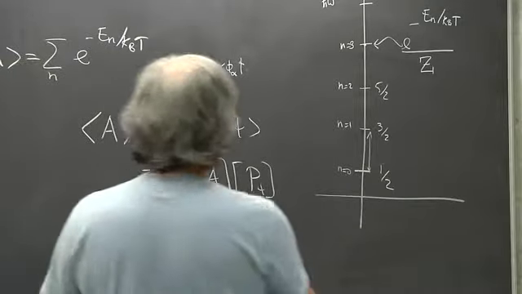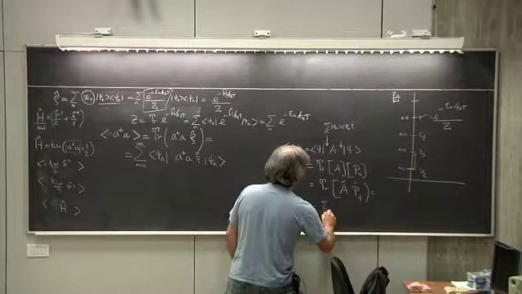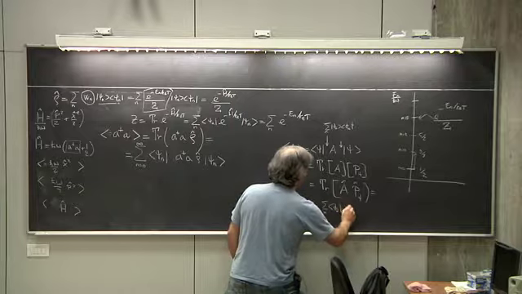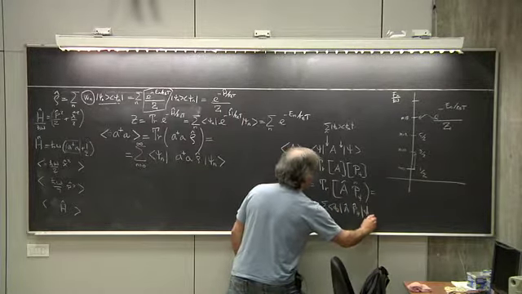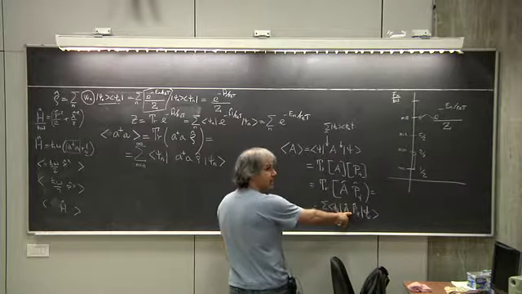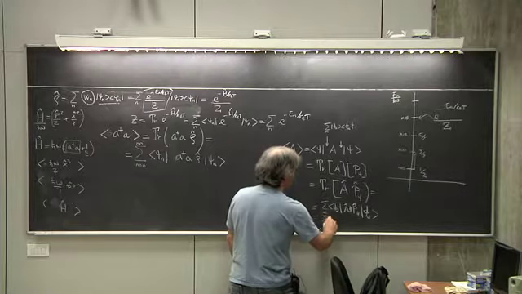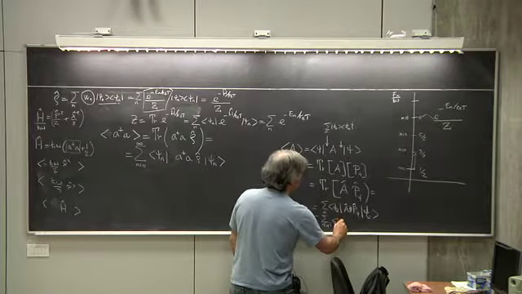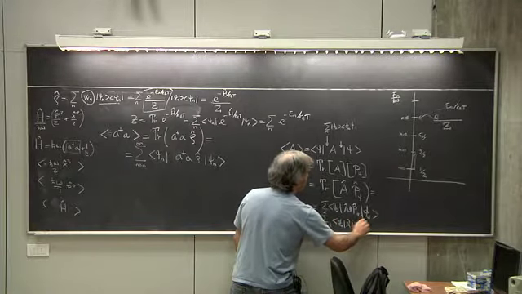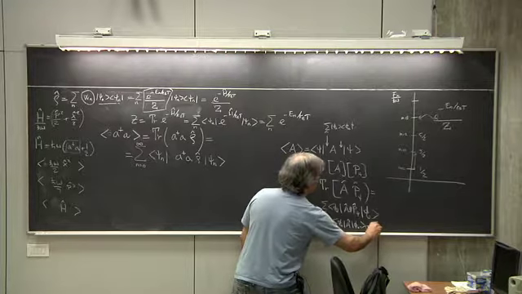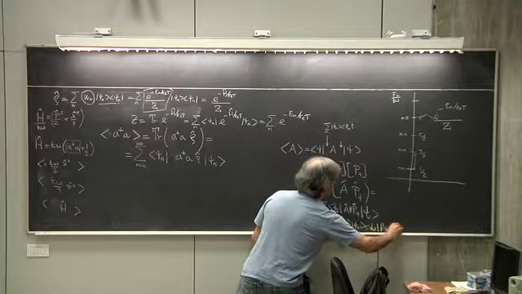For instance, if I use this basis, this would be the sum over alpha of phi alpha, operator A, P psi, phi alpha. Then I insert another identity there, in the form of a sum over another alpha prime, of phi alpha operator A phi alpha prime, operator P, phi alpha.